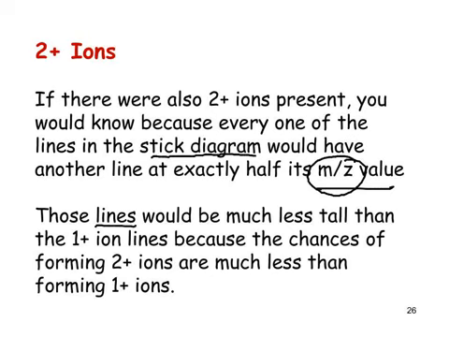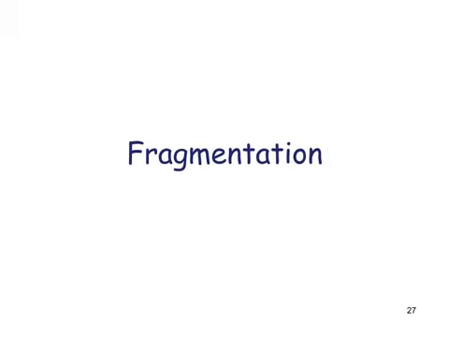Those lines would be much less tall, because the chances of forming a 2+ ion are much lower than forming a 1+, in other words, knocking 2 electrons off. So the lines as a result would be less tall, the chances being so much lower.